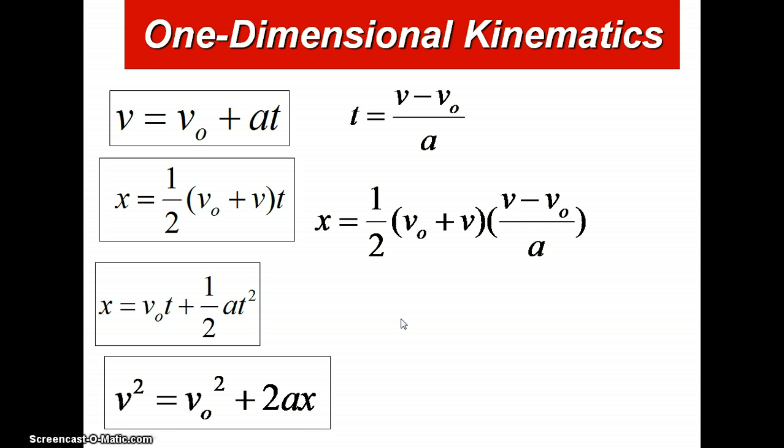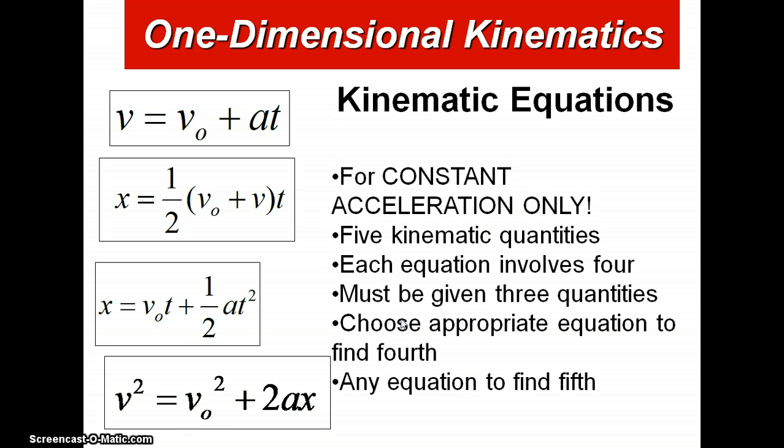What this means is that if I want to use these equations to solve something involving constant acceleration, I must be given three quantities. If I'm given three quantities, I can use any one of these equations to find a fourth. And once I have four, I can use any of the other equations to find the fifth.